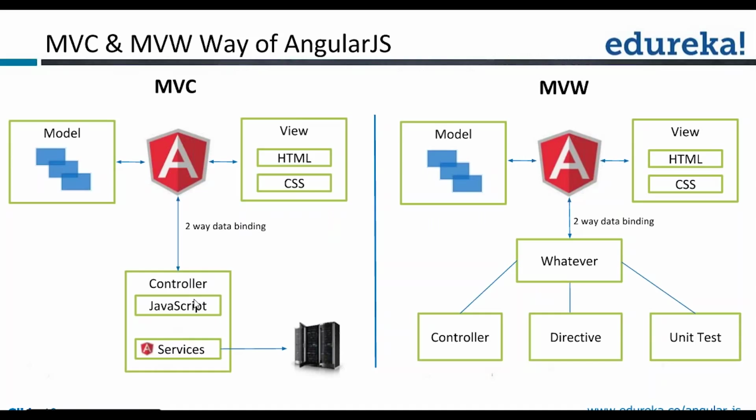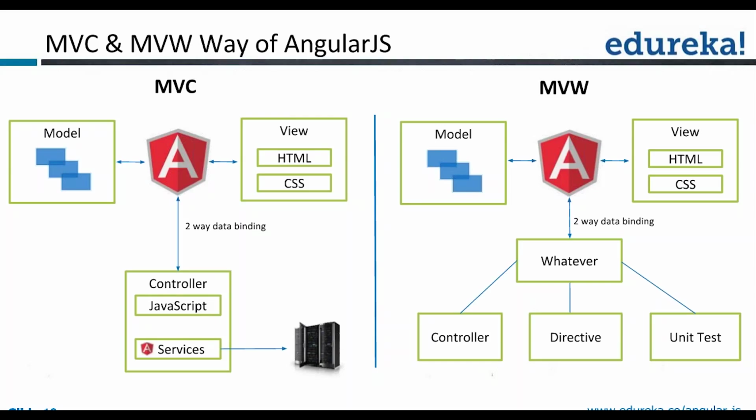The good thing about AngularJS is it provides two-way binding. So we have a view and a model. Once we attach a model with a view, any changes that we do on the model side will be reflected on the UI side. Similarly, any changes that we do on the UI side will be reflected on the model side.